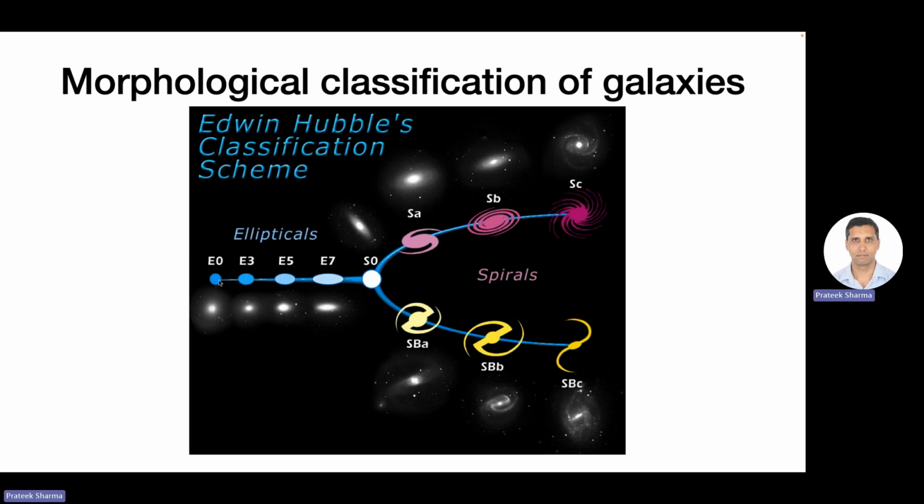So E0: the number after the E stands for 10 times 1 minus b by a. Basically, a and b are the semi-major and semi-minor axes, so you take their ratio, 1 minus that, times 10. If this number is big, that means the axis ratio is more extreme.